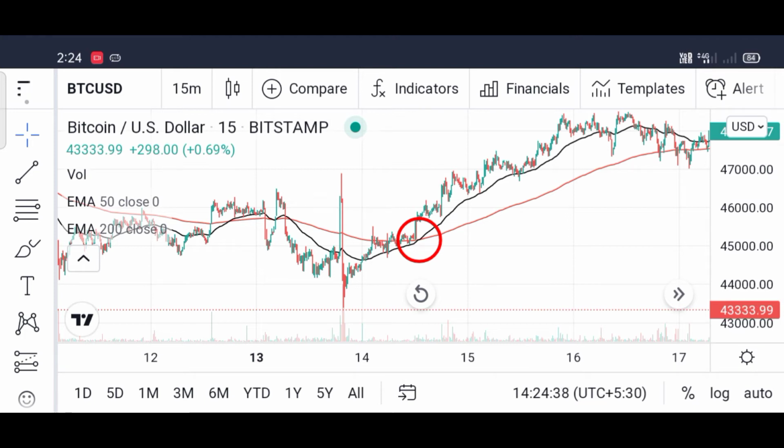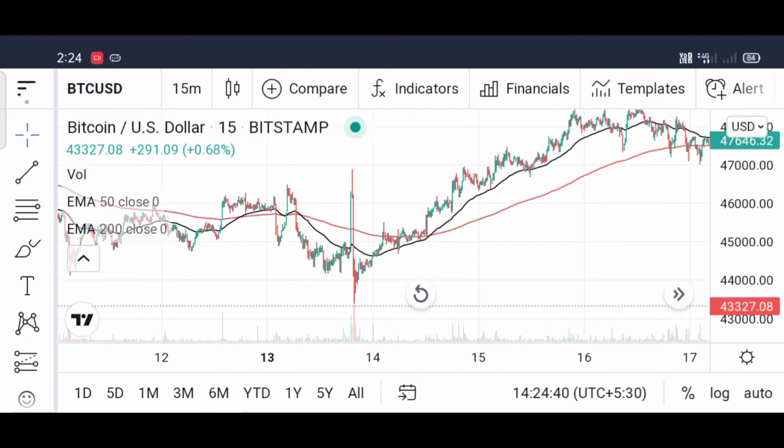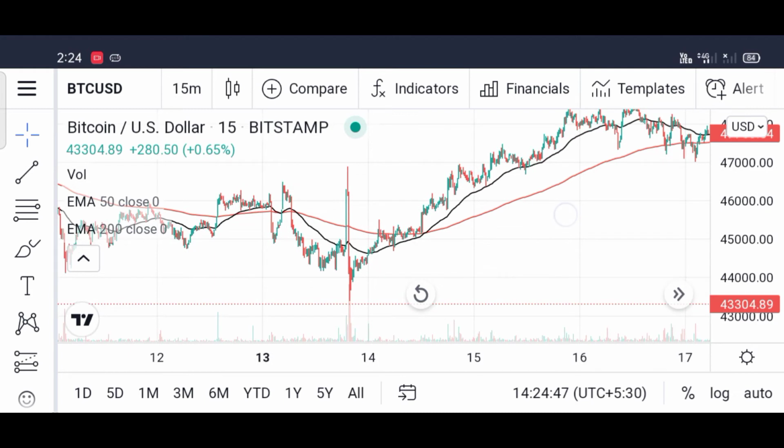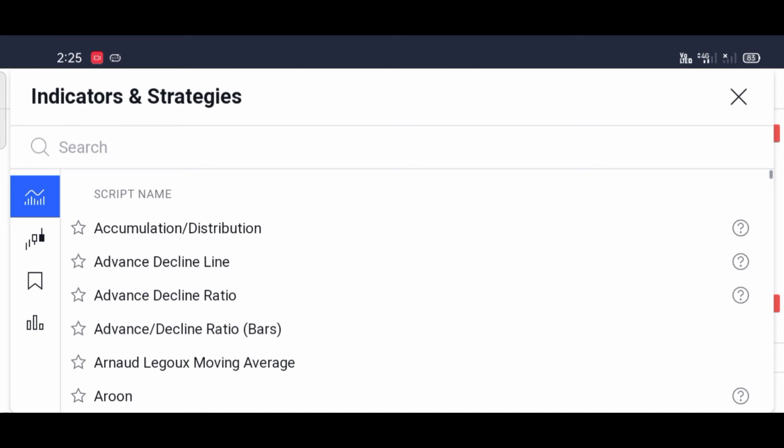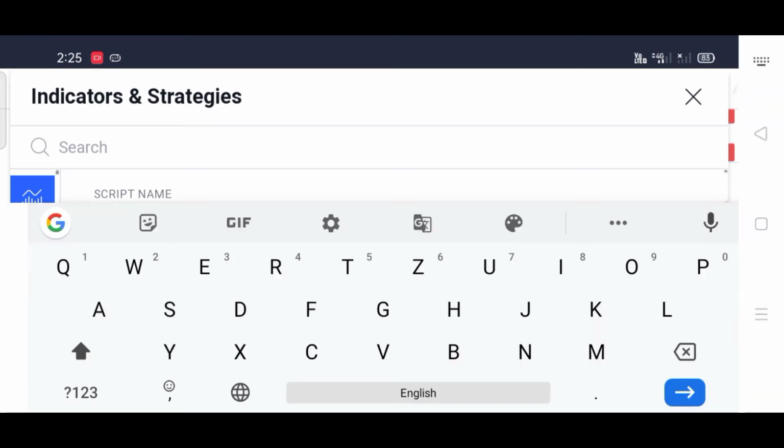But sometimes it does not give accurate signals or it gives late signals. To reduce this issue, we need RSI buy and sell signals. For that, go to indicators and search for RSI.